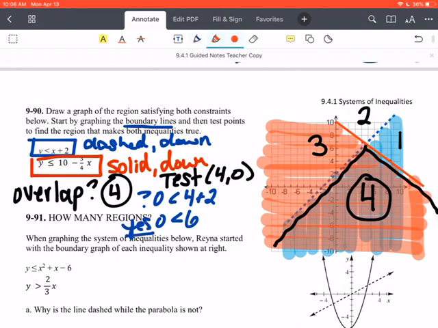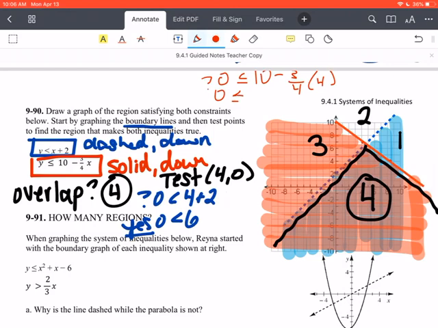Okay. And then in red, let's go ahead and look at, is 0 less than or equal to 10 minus 3/4 times 4?